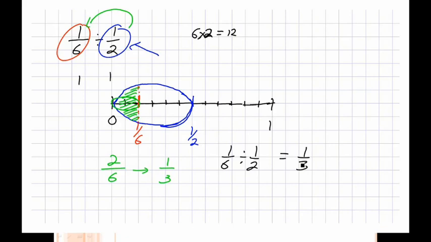Well, let's do it mathematically. What's our rule? We take that second fraction and we flip it over. That's called the reciprocal. And then we rewrite it as a multiplication problem. So that's 1/6 times 2/1. That's going to give us 2/6, which is 1/3.